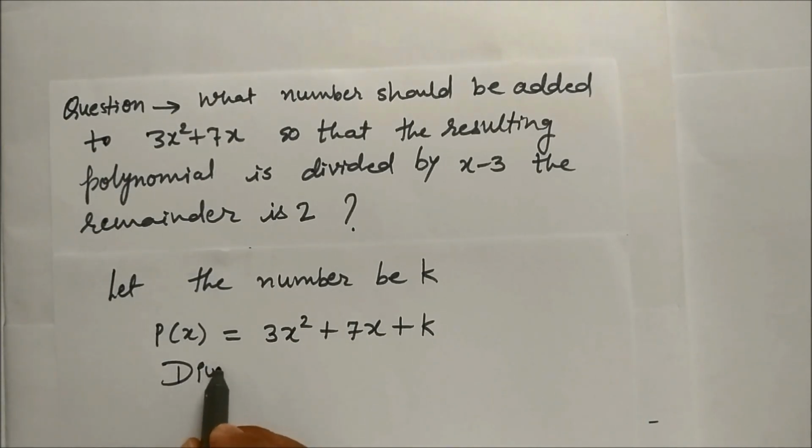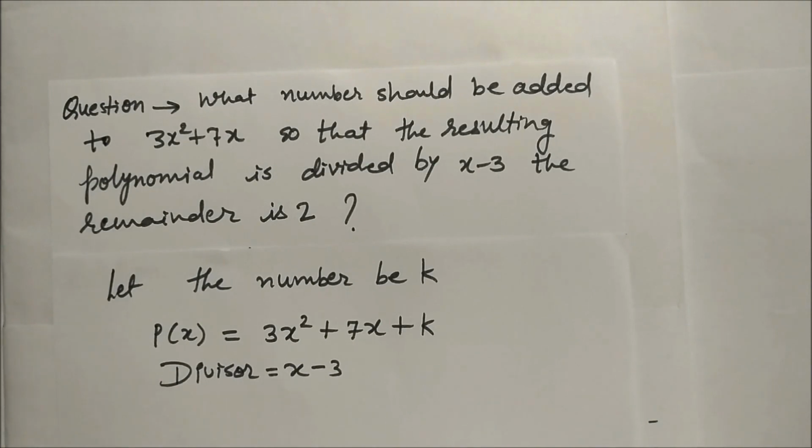So here we have divisor x minus 3, and since the remainder is given 2, we will use the remainder theorem. In the remainder theorem, if a polynomial is divided by x minus a, then the remainder is equal to p of a, where p(x) is the polynomial.